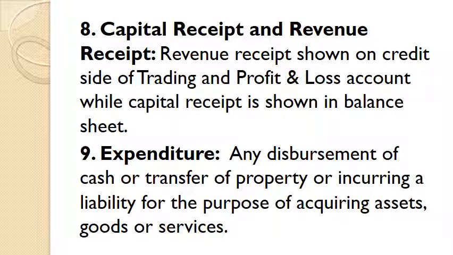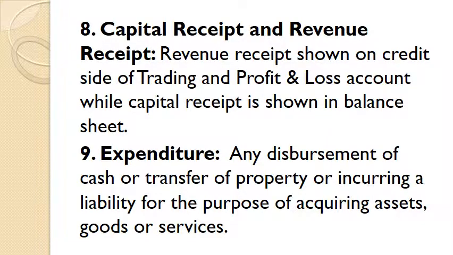Okay. Next is the expenditure. Any disbursement of cash or transfer of property or incurring a liability for the purpose of acquiring assets, goods, or services is called an expenditure. It may be either capital, revenue, or deferred revenue expenditure.